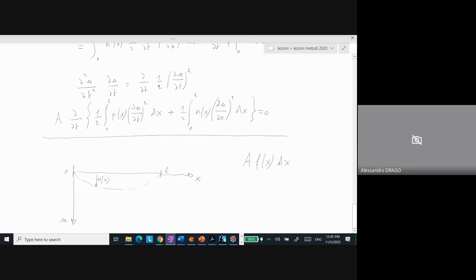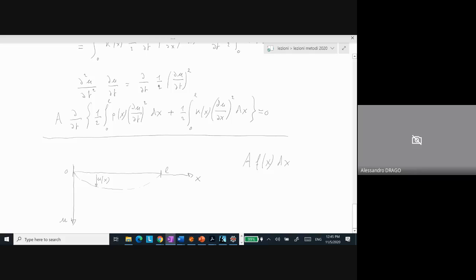This A dx is a little element of volume, and so I am multiplying a density of force by an element of volume, and this corresponds to an element of the force. Now if I want to evaluate the work done by gravity, I have to multiply the force by the displacement, and the displacement is u of x.